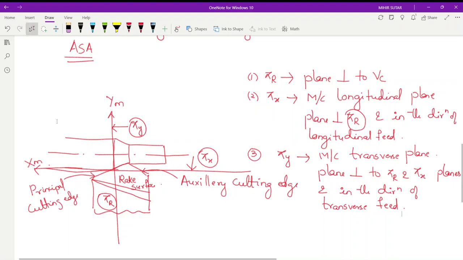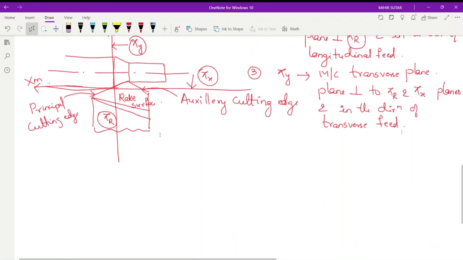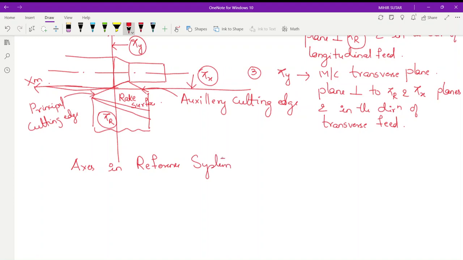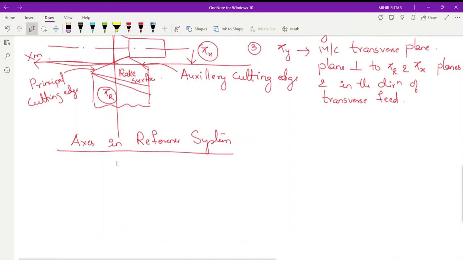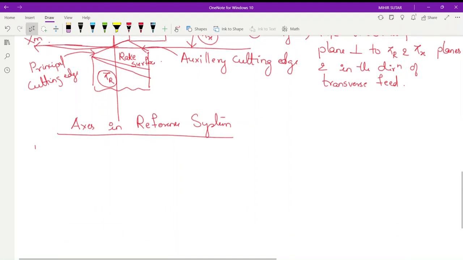Then directions, you can see xm, ym, and zm. Let me explain these directions, the axes in the reference system. What is the first one? First one is your xm.